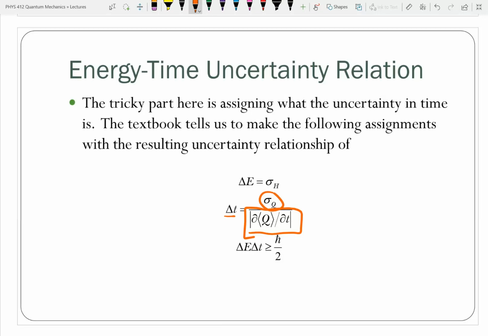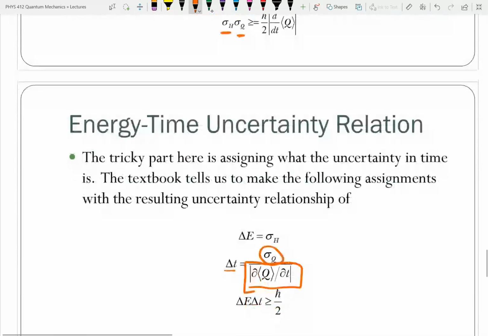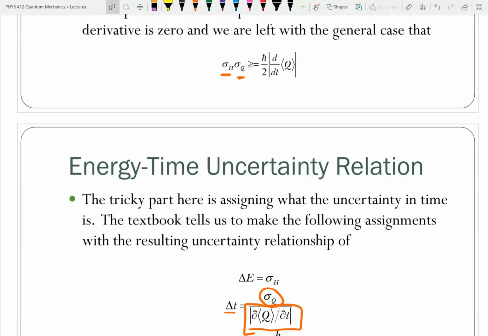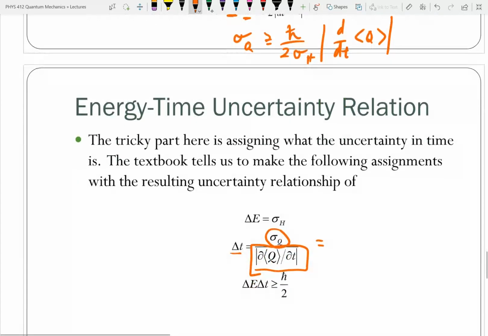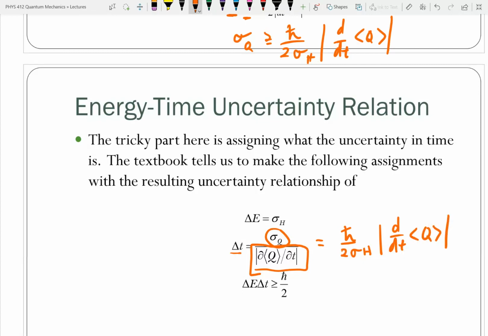That gives us our relationship that, if we take this to solve for sigma Q, this one here, I'm not absolutely sure I'm doing right.